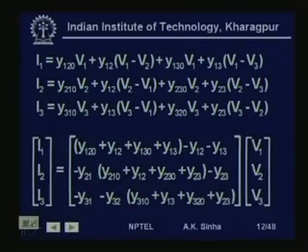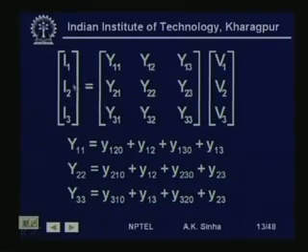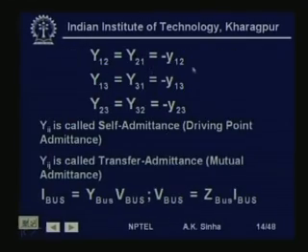So, finally, we can write this as I is equal to Y into V, where, as we said earlier, the diagonal elements are nothing but the sum of all the elements incident to that bus bar, and the off diagonal elements are nothing but the negative of the admittance of the element connected between those two bus bars.